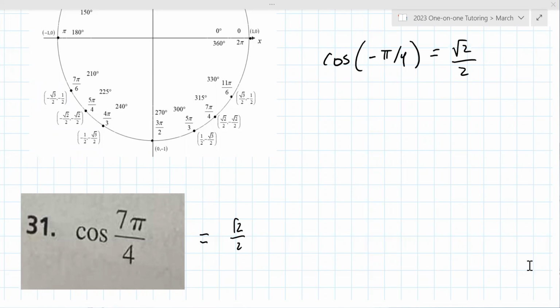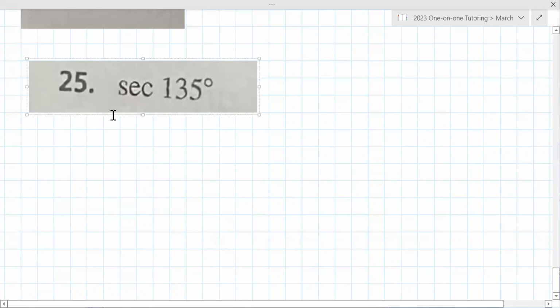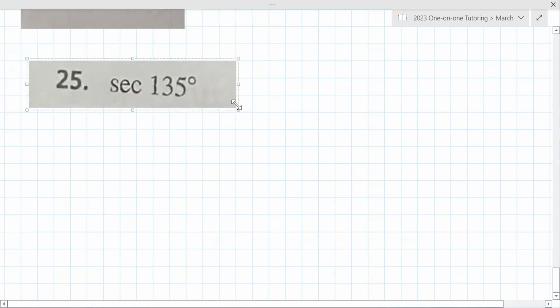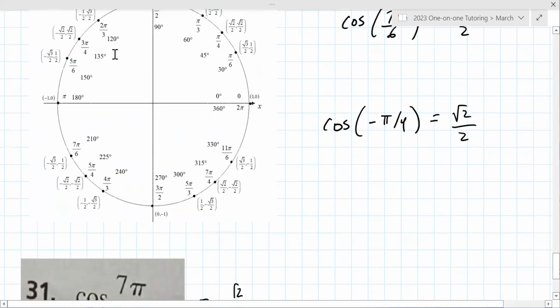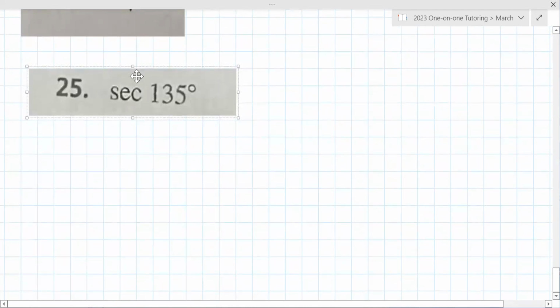Okay, I'm ready. All right, so 25 here, secant of 135. So when you go to your unit circle, 135 degrees right there, x is cosine, y is sine, okay? But you want secant. So you have to know what secant is in terms of sine and cosine.